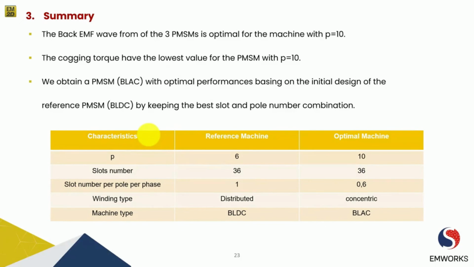We have seen the cogging torque was lowest for the PMSM having a pole pair of 10, and we also see that the slot per pole per phase has reduced because the winding configuration changes. For the optimal machine it was 0.6, whereas for the reference machine which we started with it was 1, and also the winding type has changed from distributed to concentrated.